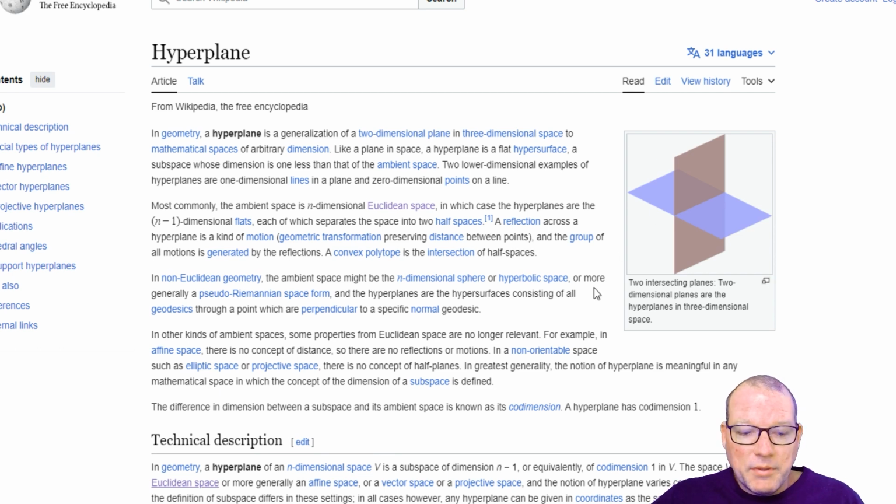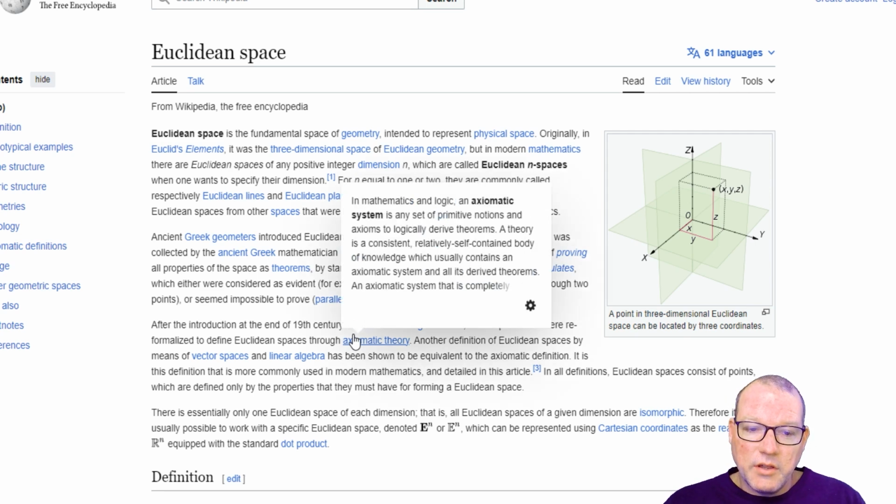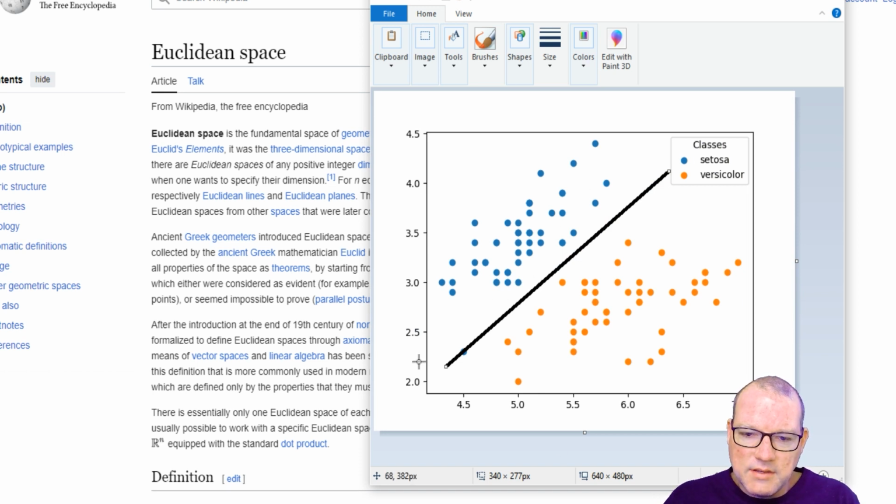So all right. This is one level up, and it's really based on, I don't know if you've ever heard of Euclidean geometry, Euclidean space, three-dimensional space, X, Y, and Z planes. When we're drawing this right here, this is two dimensions, X and Y, a line.